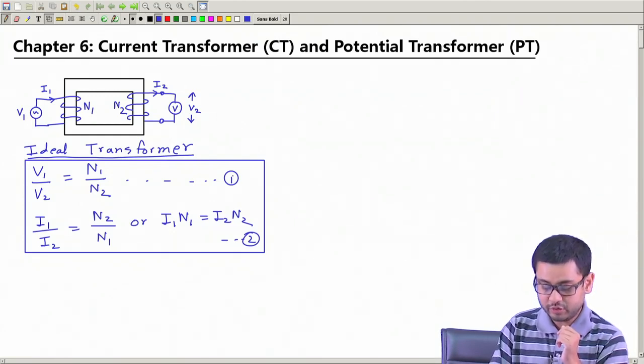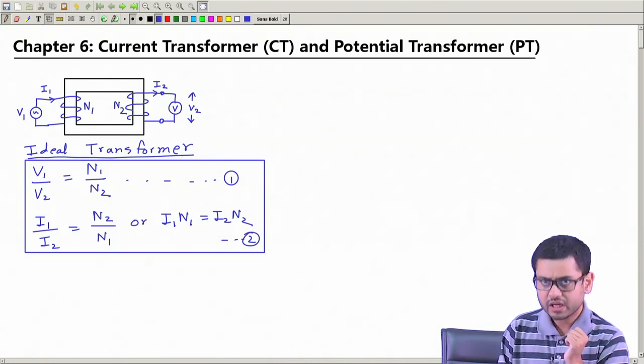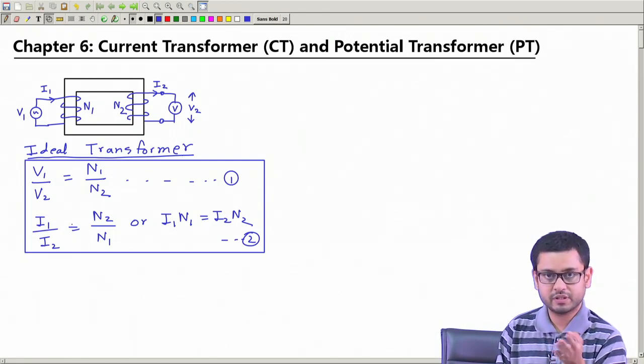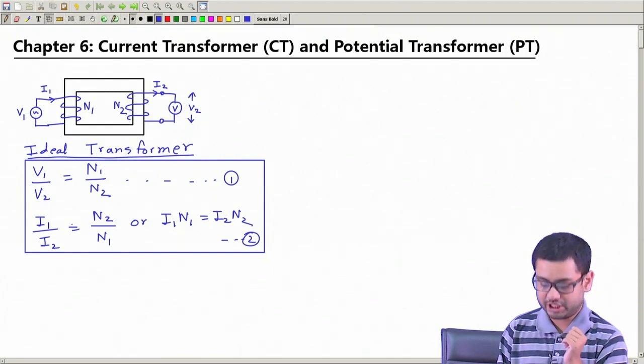Then only we will call that transformer an ideal transformer. But practical transformers, you may already know, do not obey this relationship perfectly. They deviate from this relationship somewhat, and that is a practical transformer, where this is not exactly true.